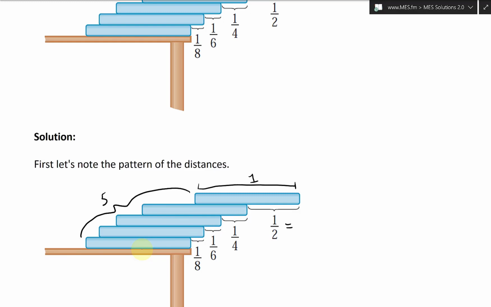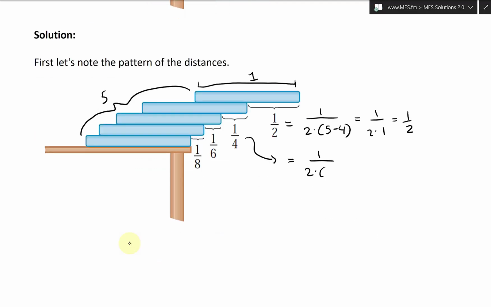This 1/2, you could write as 1/2 times 5 minus 4, so that just equals 1/2 times 1, which equals 1/2. Now this next one right here equals 1/2 times 5 minus 3, so 1/2 times 2, which equals 1/4.